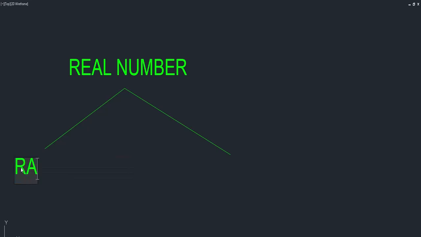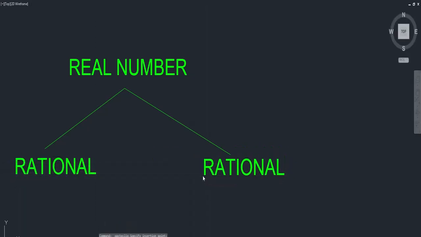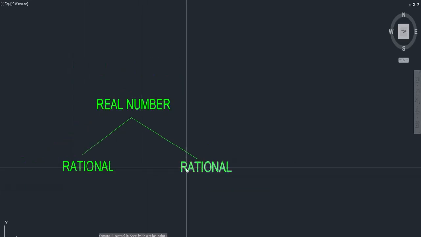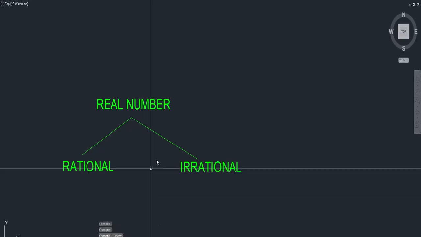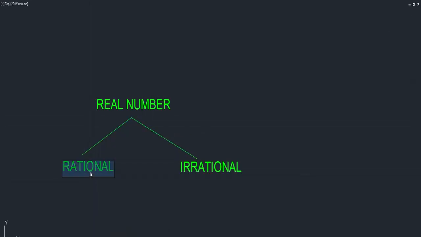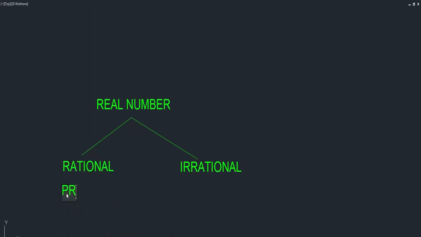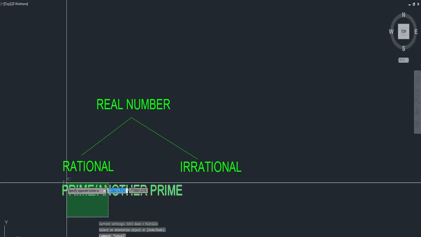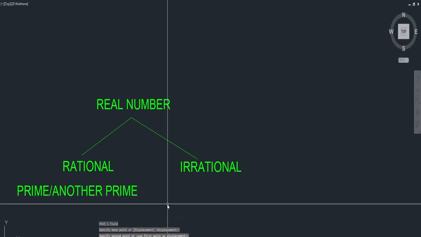If it is a rational number, then one kind of story can occur. If it is a rational number, then it is some prime number divided by another prime. So rational numbers are the ratio of two prime numbers, ultimately factored down to the prime numbers.